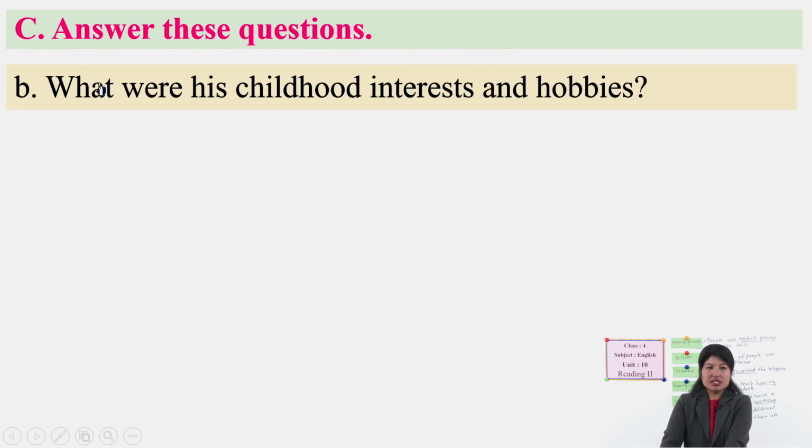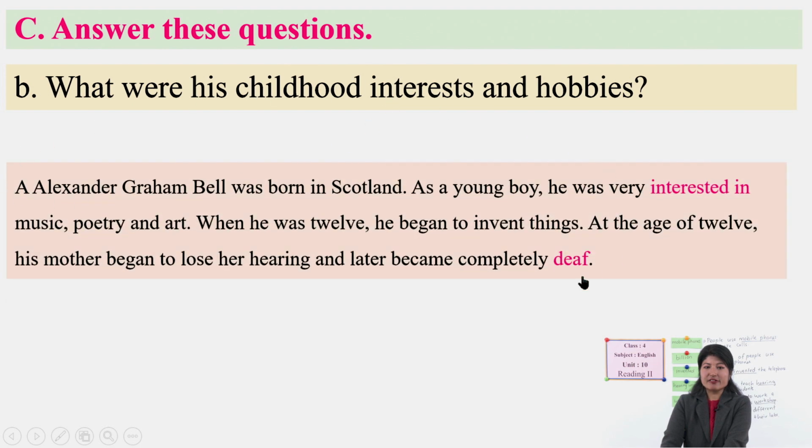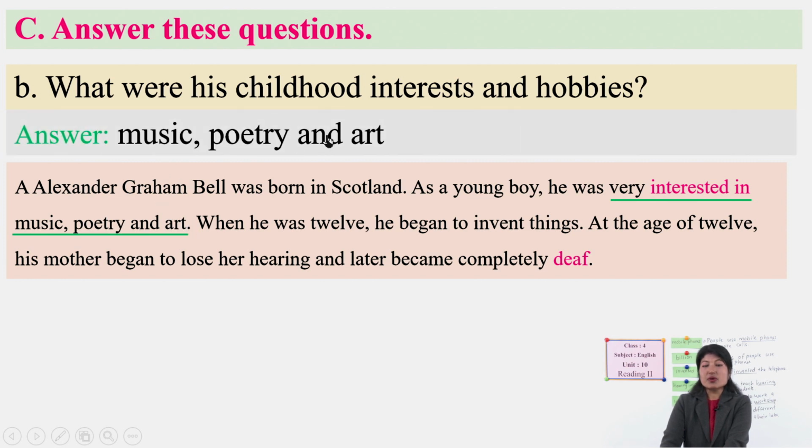Then number B, what were his childhood interests and hobbies? So his hobbies were, you will find over here. Interested in music, poetry and art. So these, I'm giving you clues.